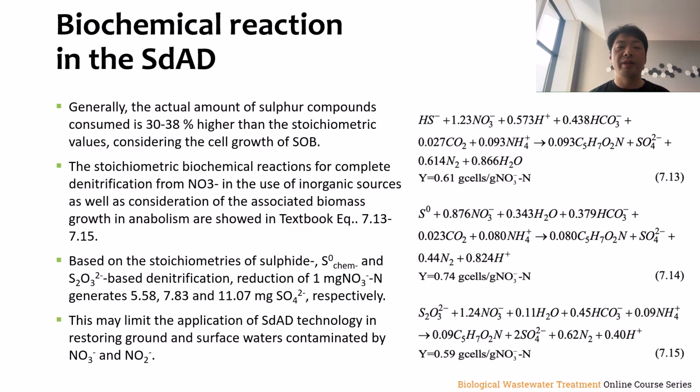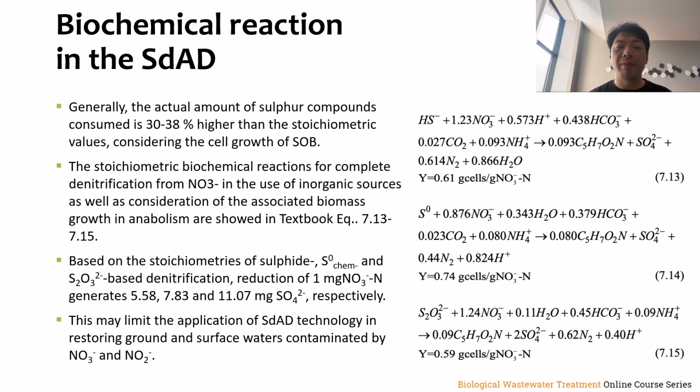The efficiency of sulfur salts in the denitrification process can vary. For instance, using sulfide as electron donor, reducing 1 gram of nitrate nitrogen typically produces 5.58 gram of sulfate.